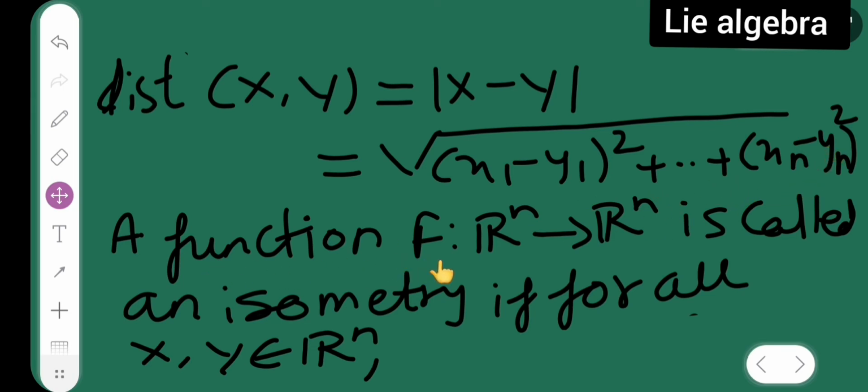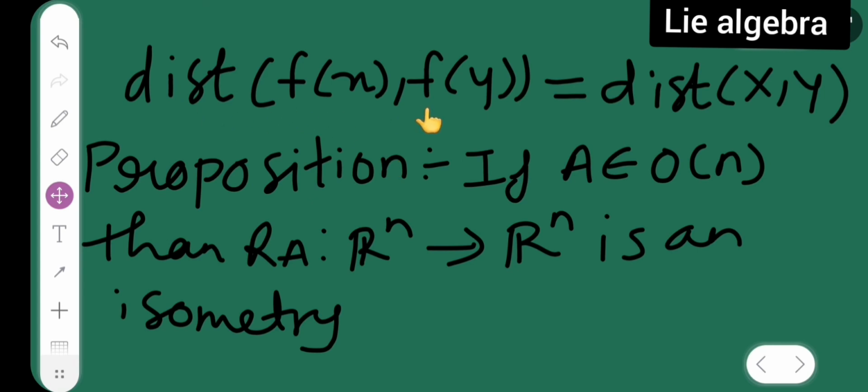A function f from R^n to R^n is called an isometry if for all x comma y belongs to R^n, distance of f(x) comma f(y) is equal to distance of x comma y.